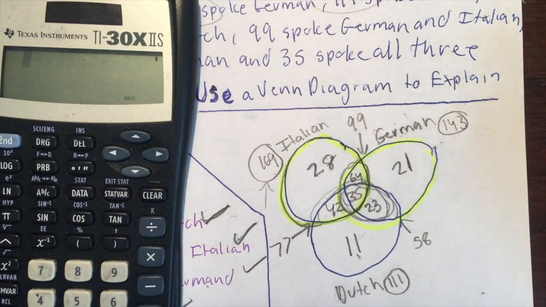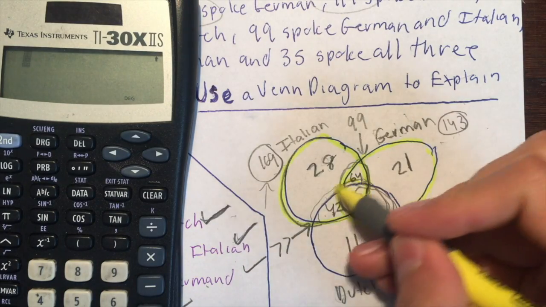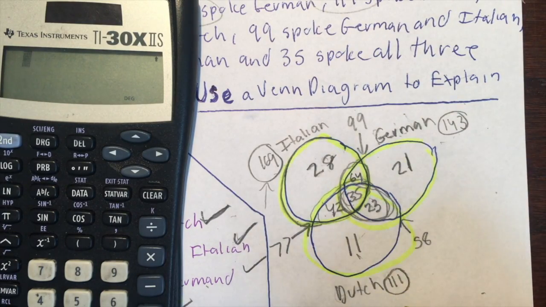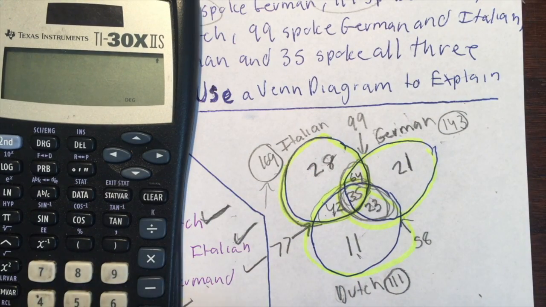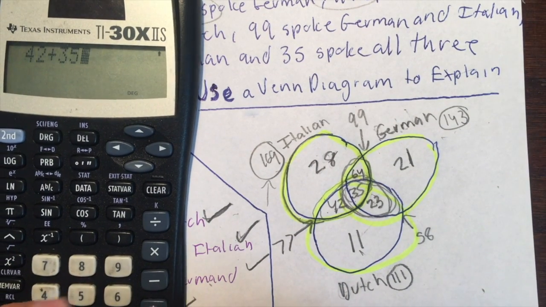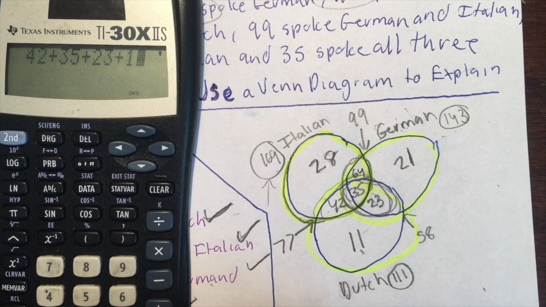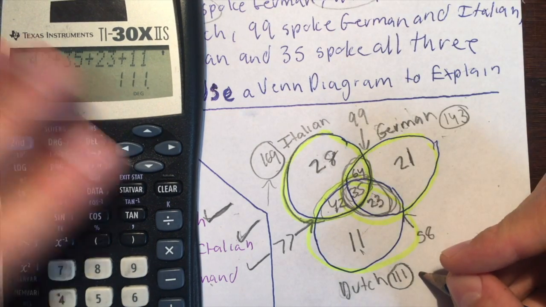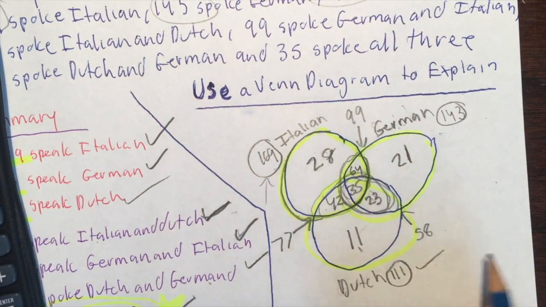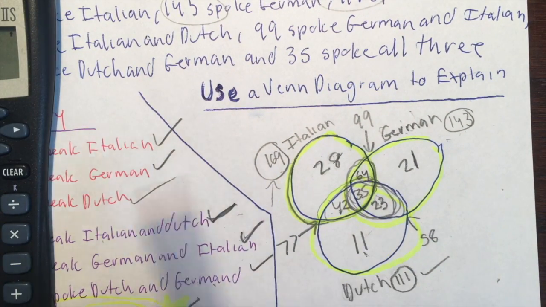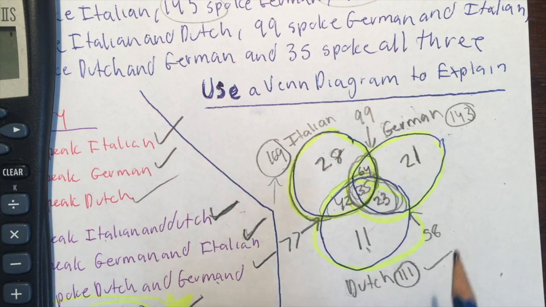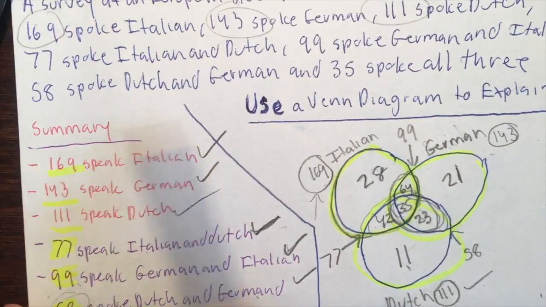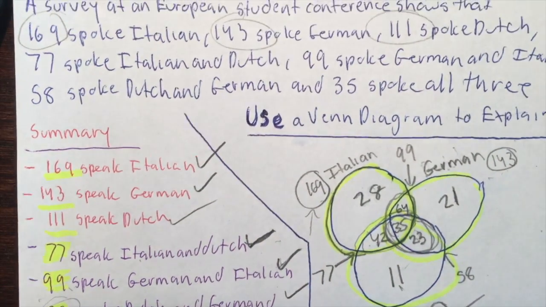Again, just to make sure that this whole circle adds up to the 111 Dutch students, we will do 42 plus 35 plus 23 plus 11, and that should equal 111 students. So there we go. We've finished the Venn diagram, and we've explained all the information that was summarized in here.